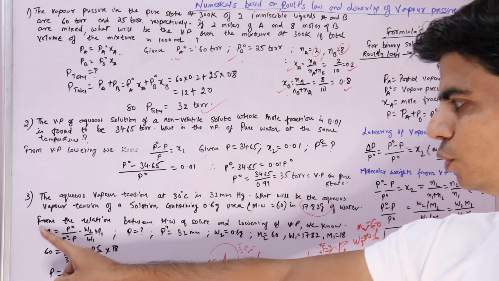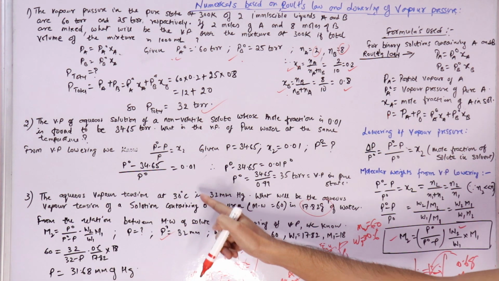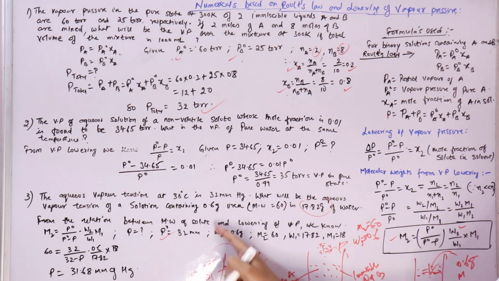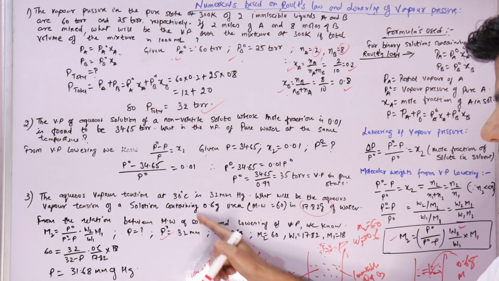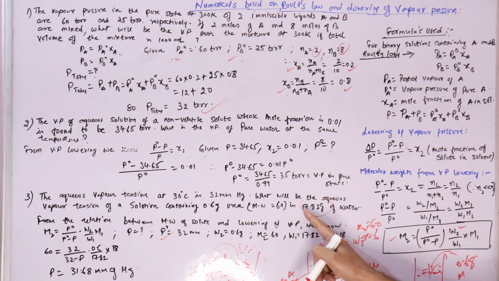So if you use this relation, P0 is aqueous vapor tension at 30 degrees, which is 32 mm of mercury, the vapor pressure in pure state, and W2, which is the weight of solute that is added, that resulted in lowering of vapor pressure, is 0.6, and M2, molecular weight of solute, that is urea, is 60, and we know that weight of solvent, which is water, is 17.82, and molecular weight we can calculate to be 18.